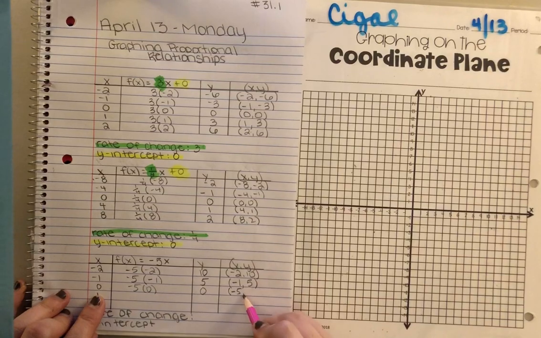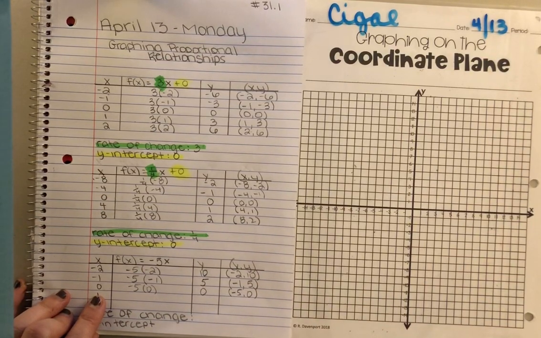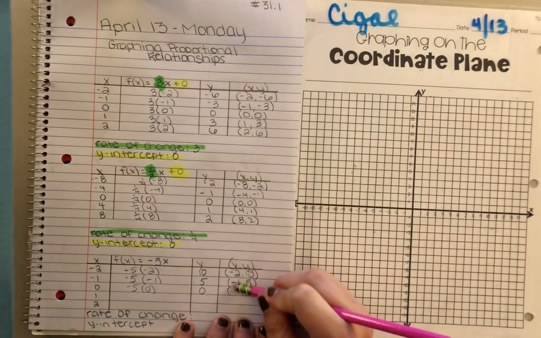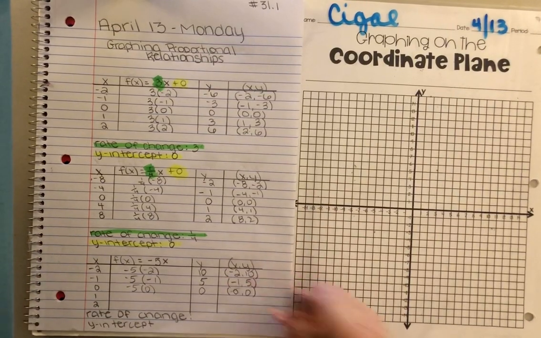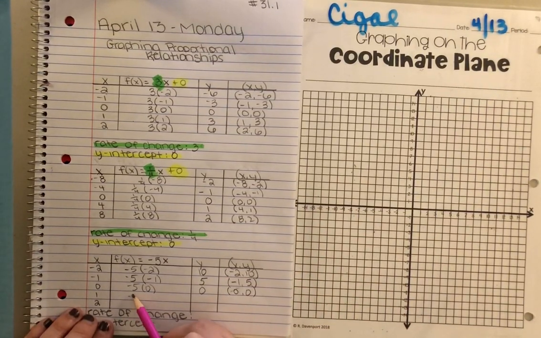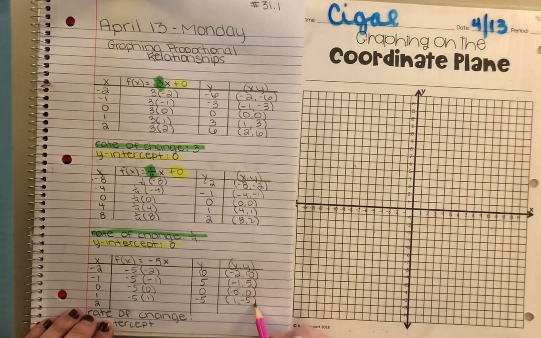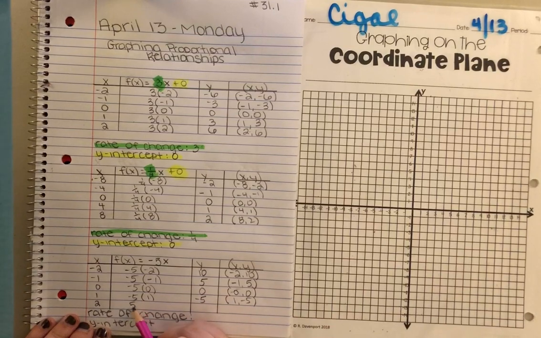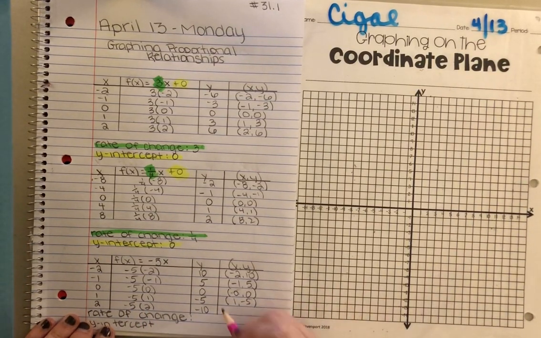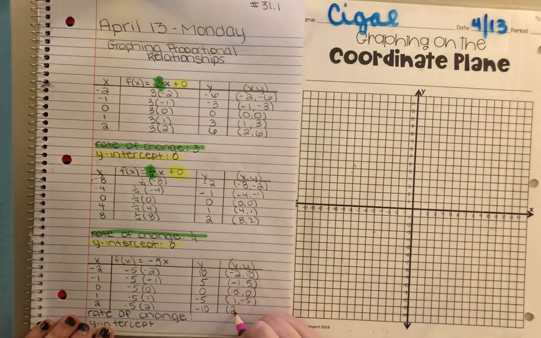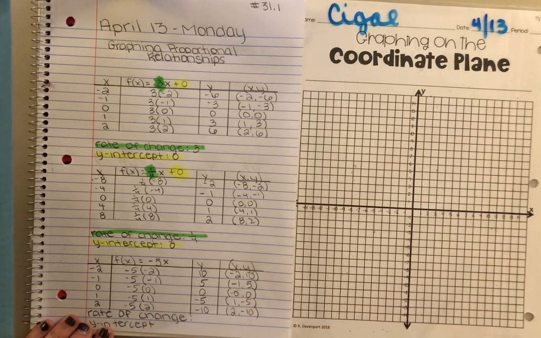So we're looking at 0, 0 as my ordered pair. Now we've got -5 times 1, so my ordered pair is 1 and -5. And then our last one, -5 times 2. So my output value is -10, and my ordered pair is 2, -10.